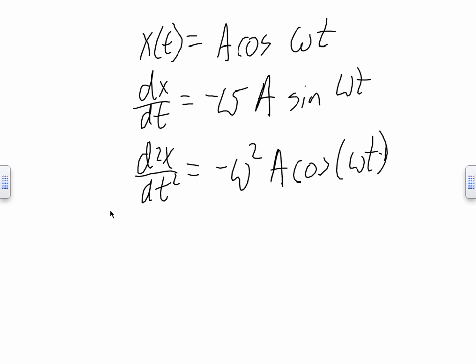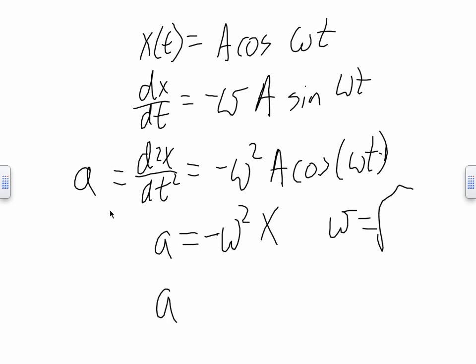From this, if we say this acceleration is the same, we can look up here and cancel this out. You see that? So we know this is acceleration. That means acceleration is negative omega squared times x. And from our original derivation, we said that omega was the square root of k over m. Remember that? That was from the first derivation.